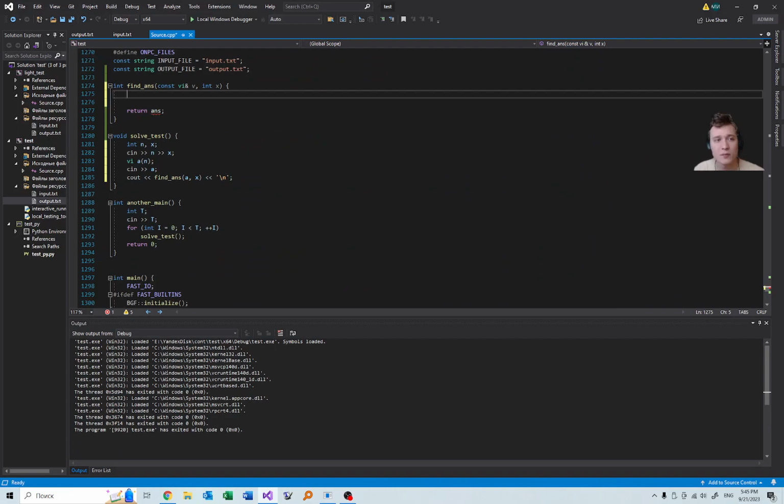So the minimum possible h is of course 0. And the maximum possible h is of course like x plus 1, and it is actually not possible.